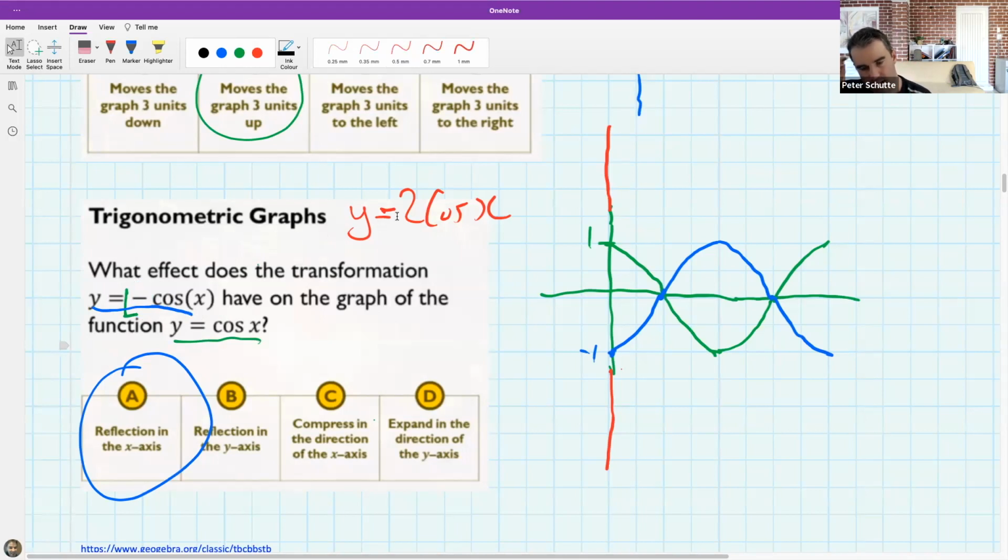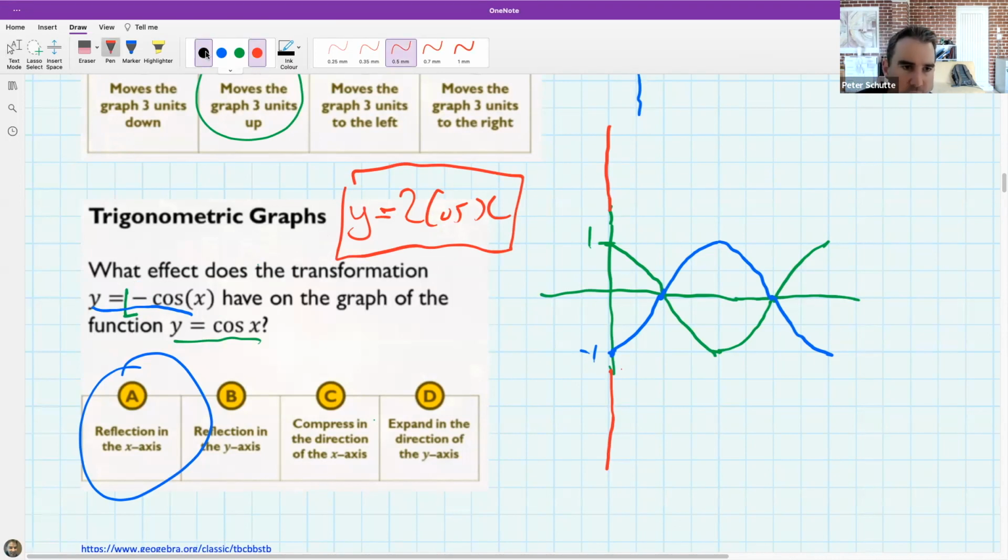I'd like you to take a moment. I'm going to give you a minute, and I want you to try and draw the graph of y equals 2 cos x on some axes. And once you've completed that, I want you to say done in the chat. So see if you can draw the graph of y equals 2 cos x. And while you do that, I'm just going to set my axes up a bit better so you can see what's going on. 180, 270, 360.